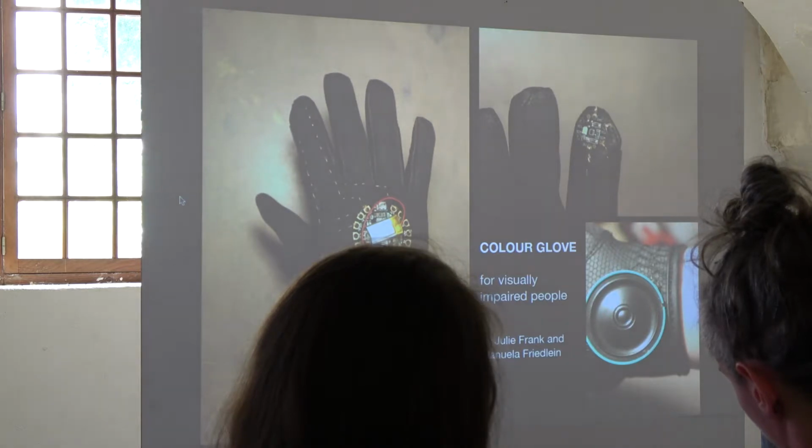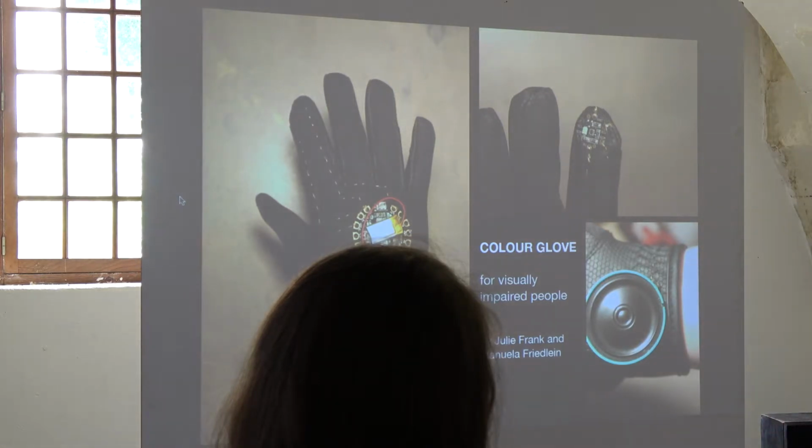Initially I think they were making this for everyday things like shopping, but then these discussions helped them realize, oh, maybe we could use it for artistic purposes. So if you're in a gallery space, you create a soundscape of a picture if you can't perceive the visual part.